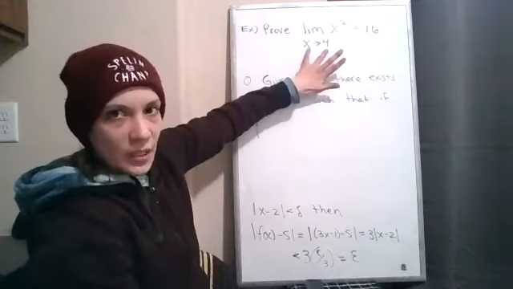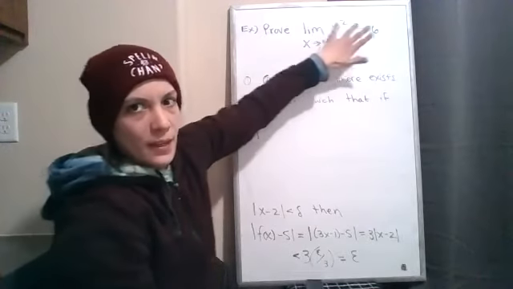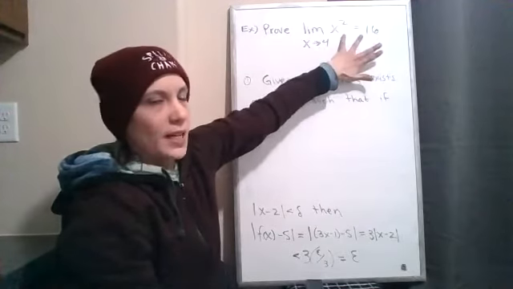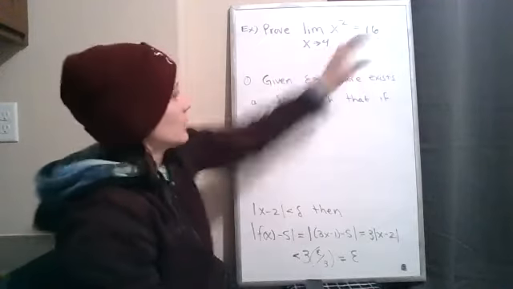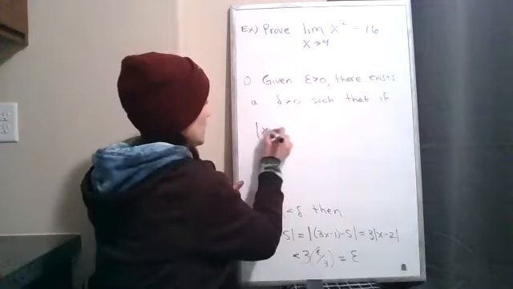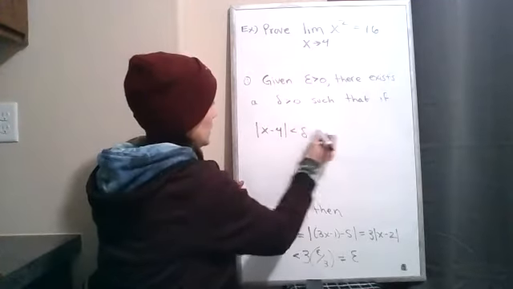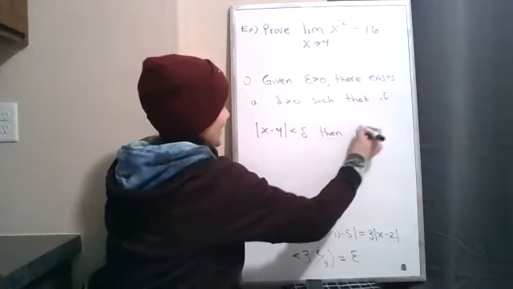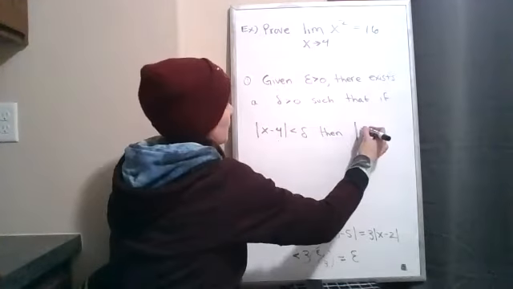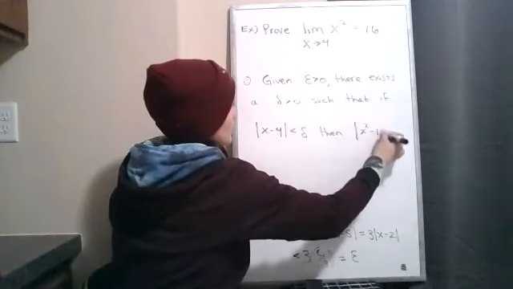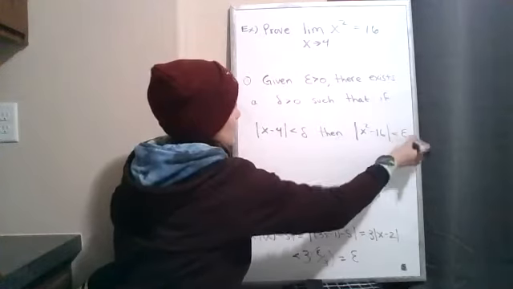The distance between x and 4 is less than delta, then the difference between x squared and 16 is less than epsilon.